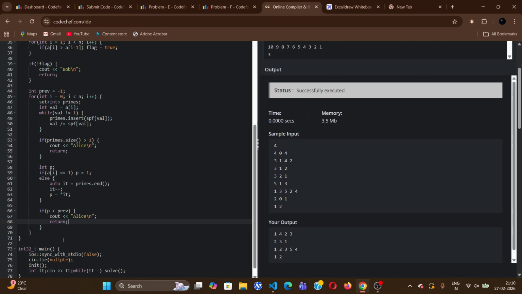In that case, Alice will win. In other case, Bob will win.